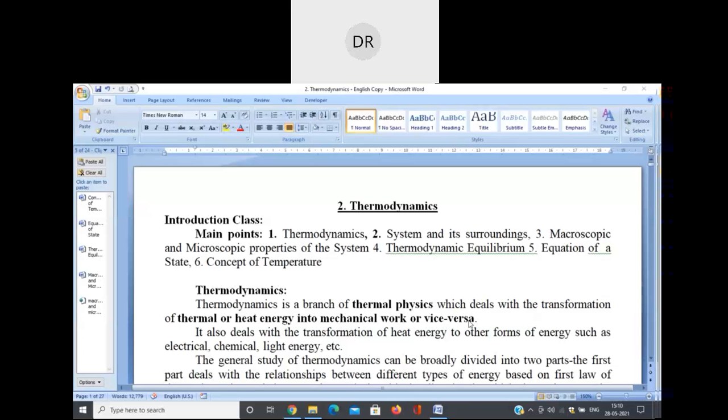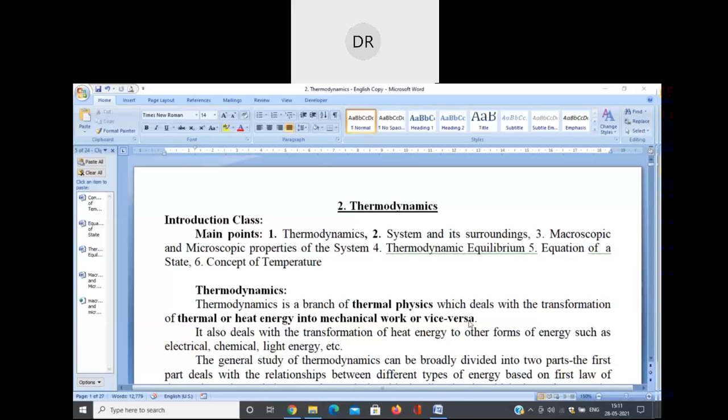So let us start our class, Thermodynamics. When we come to thermodynamics, we have a definition for thermodynamics and then what it deals with, which we discuss here, and then system and its surroundings.